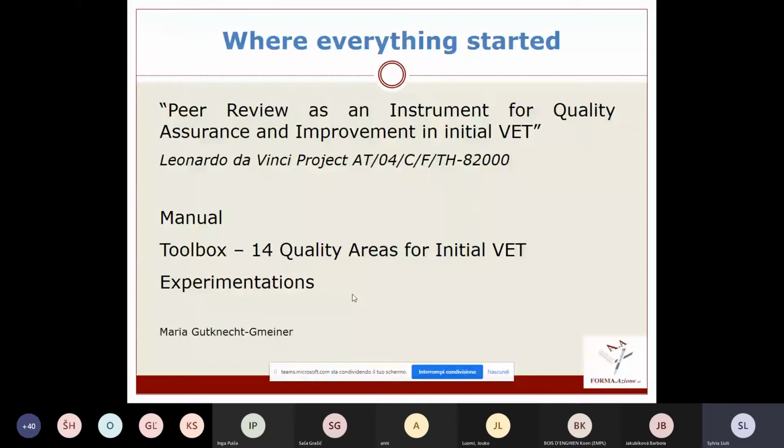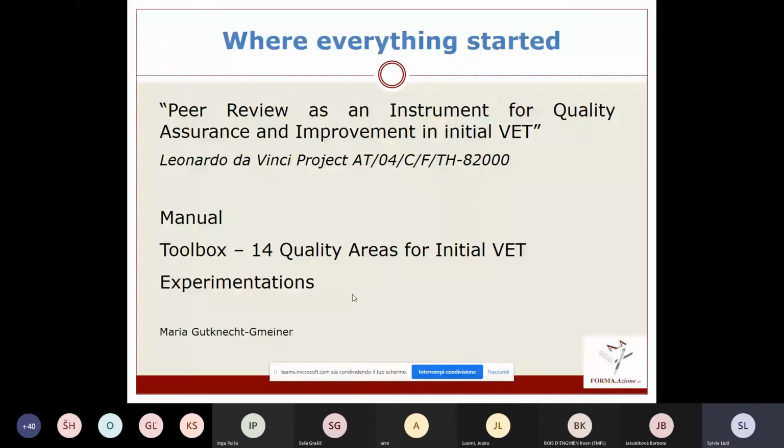It was mainly focused on initial VET at that time, and then they elaborated the outputs that we know now are also available for other educational domains.